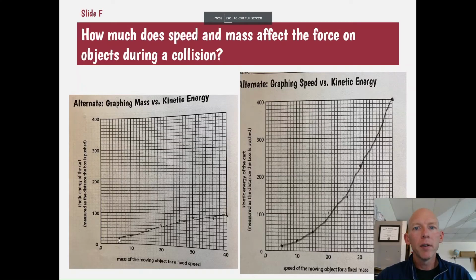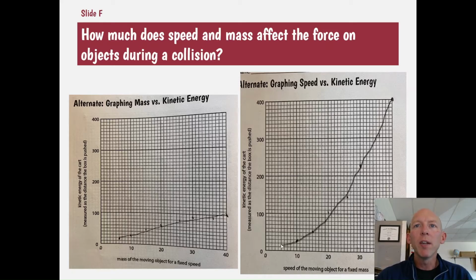And here is an example of what our graph looked like when we kept the speed the exact same and just kept increasing the mass. We see that the box gets pushed further, which means the box has more kinetic energy. So as the mass of that cart increased, the kinetic energy on the box increased.